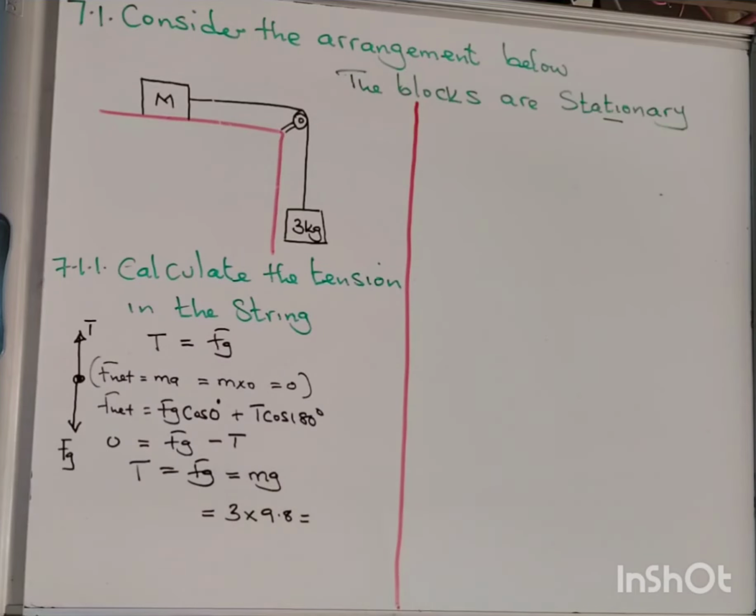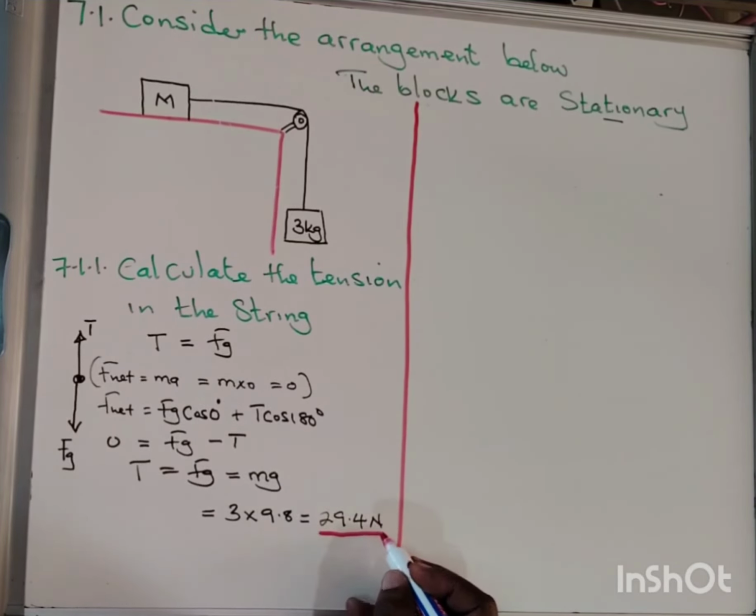What you get out of here is going to be our T. Let's get it. We get our tension as 29.4 newtons. Okay, let's look at the next question.